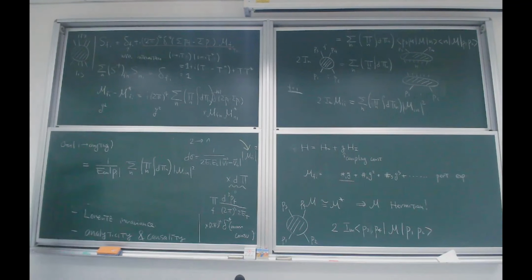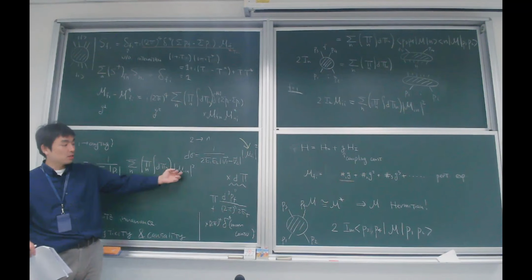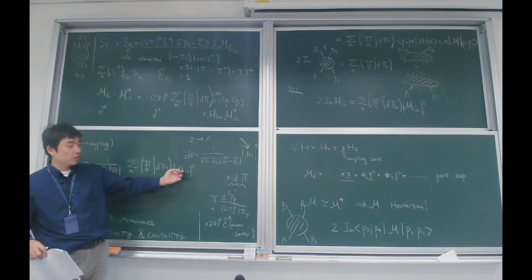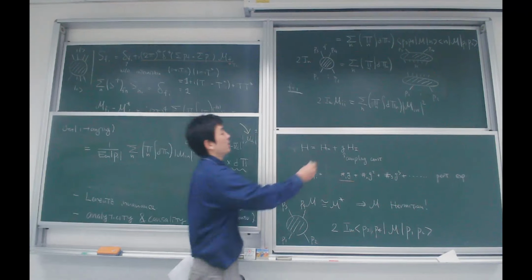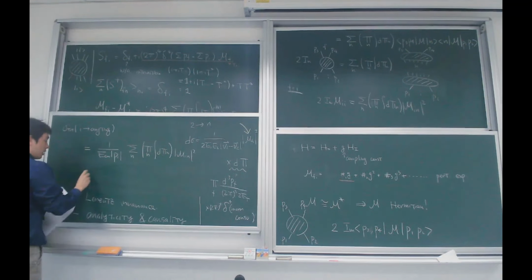So this is what we already learned last time. We need to integrate over all the final states that impose the momentum conservation from initial state to final state. And then we look at the relation between this one and this one. Then we can conclude that this is equal to 2 times E center of mass, sorry, the imaginary part of M_ii.